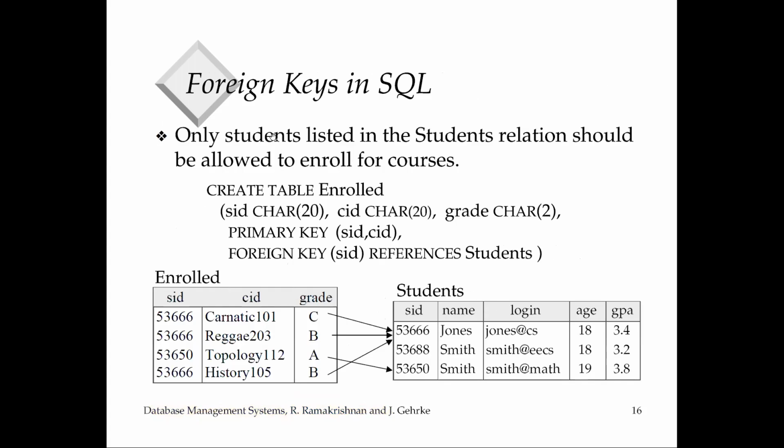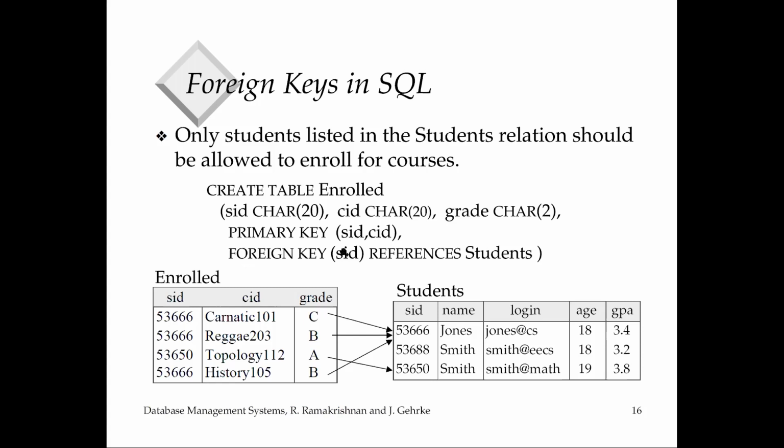Right, perfect. And then again, this is how you define that foreign key relationship. When we are creating the enroll table, we know it has a student ID, a course ID, and the grade. Again, we said we need a primary key of student ID and course ID because we do not want the combination of the student ID and the course ID to appear more than once, right?